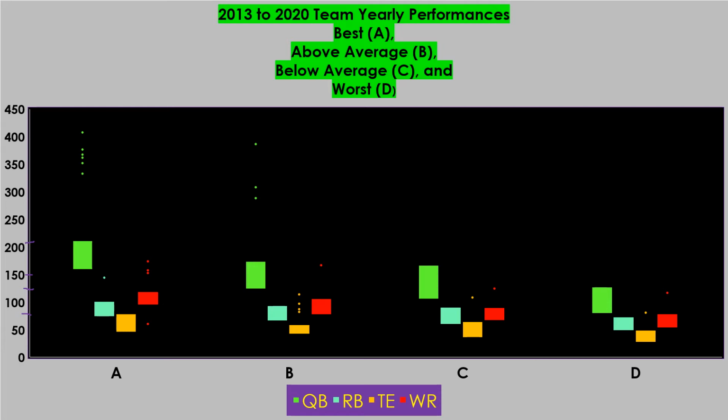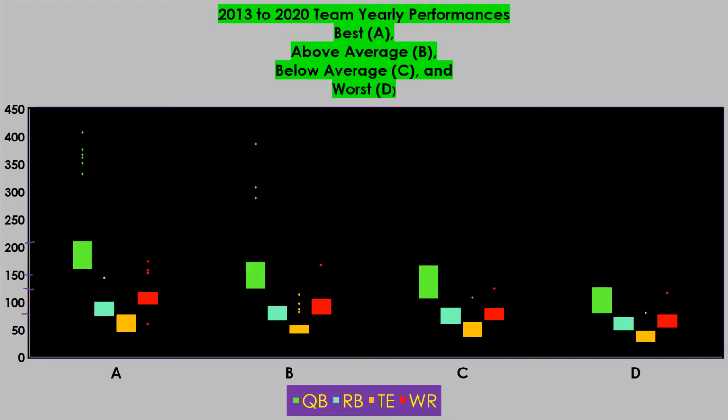Okay, what about tight ends? Well, that's kind of interesting. Looks like the box here is showing a higher distribution and some higher production values for tight ends on the best teams. Look at the worst versus the above and below average. So I think there may be something to be said.